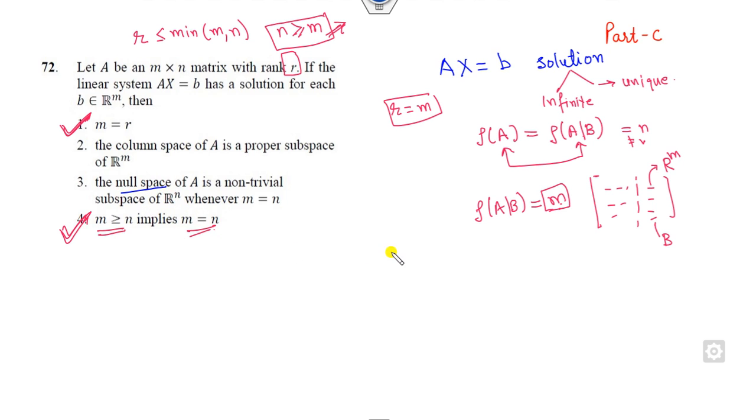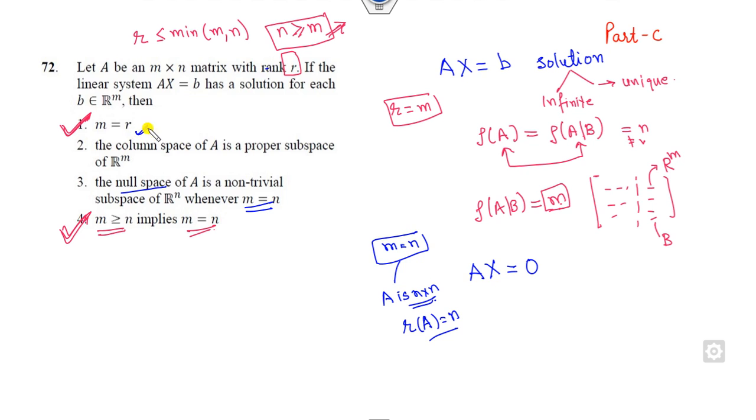Firstly, the null space. What is the meaning of the null space? It is Ax equal to 0. The option says there is a non-trivial solution whenever m is equal to n. So whenever m is equal to n, A is my n cross n matrix having rank n, because m is equal to n.